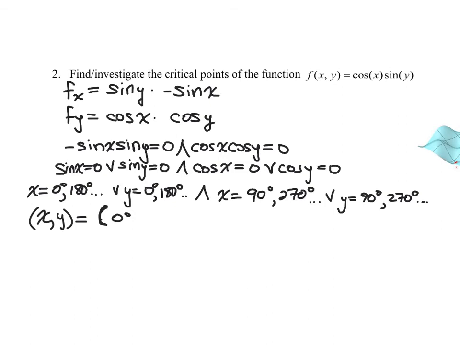So if y is equal to 90, then this is going to be fine, because that's going to make the cosine of y equal to 0, which zeroes out the entire right-hand equation. So 0 and 90 is a possible ordered pair. We could also say 0 and 270.